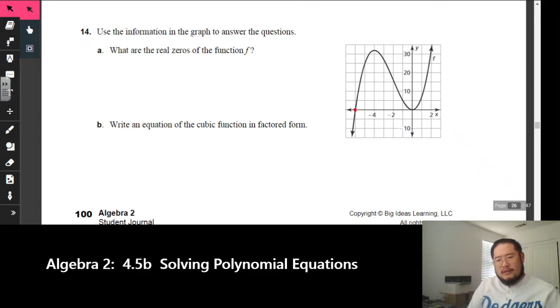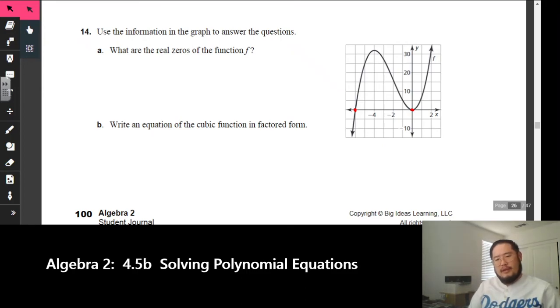So I see a 0 here that crosses through the x-axis. I see another 0 that does not. I look for y-intercepts, but then right here, luckily the y-intercept happens to be at the same spot as where the x crosses. So what that tells me is we have no constant.